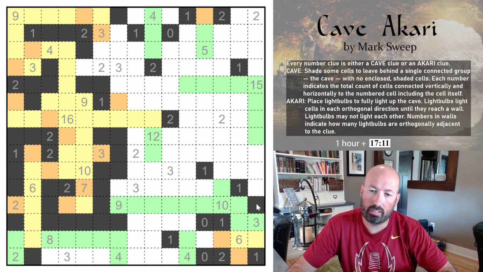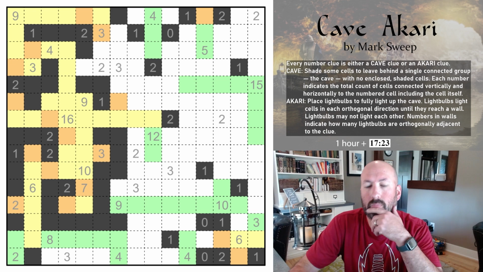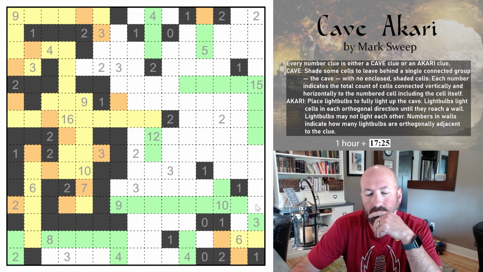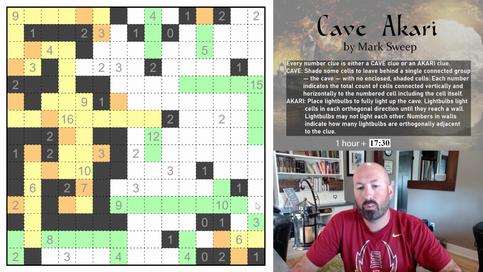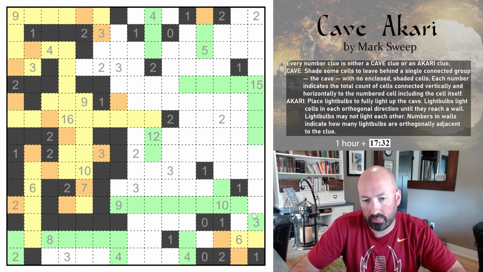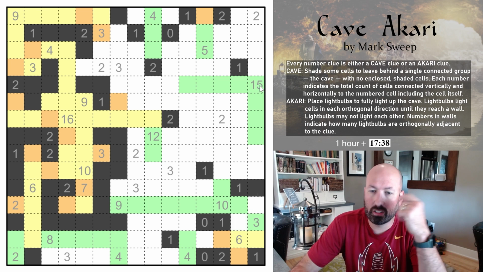Or it could connect here. But either way, if it connects here, this is wall. And if it connects here, that's wall. So this one is wall either way, which limits our 15.